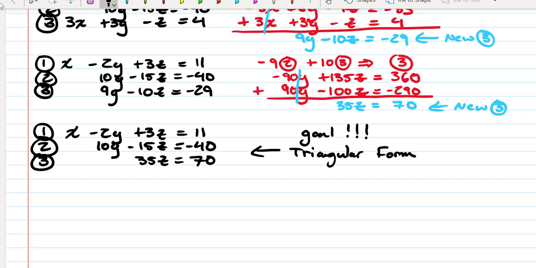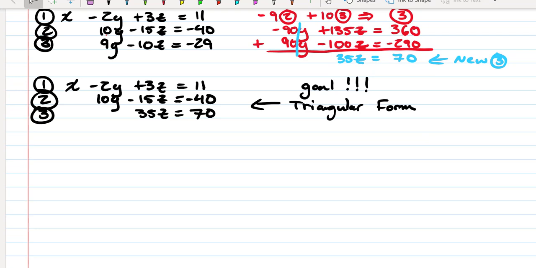So after we have our system in triangular form, we need to solve using back substitution. To solve for our ordered triple x, y, z, we use back substitution.